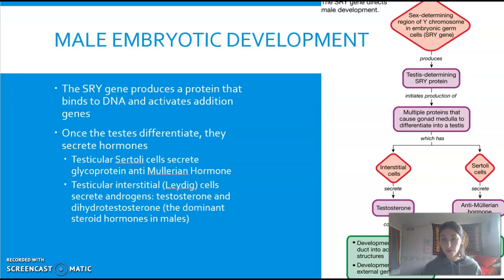Those interstitial cells secrete testosterone, and that controls development of the Wolffian duct into accessory structures and development of male external genitalia. The Sertoli cells secrete anti-Mullerian hormone, which causes the regression of the Mullerian duct.